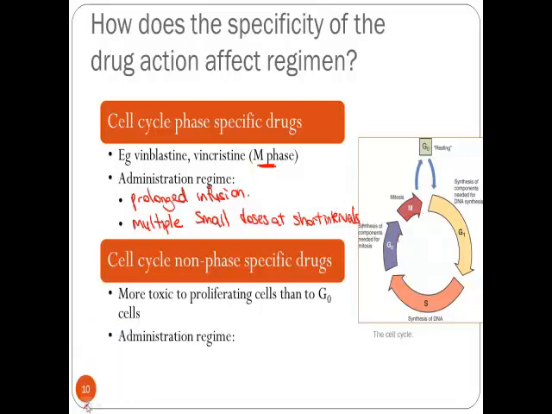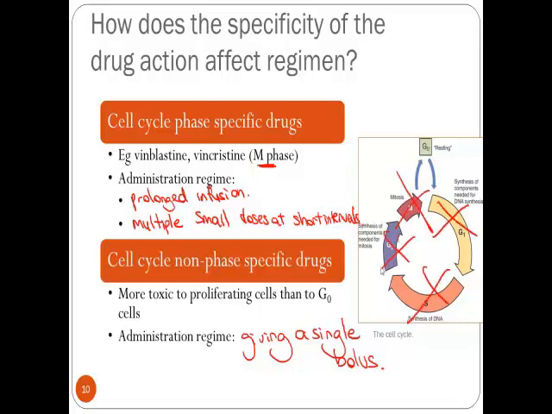And if that's the case, you can get away with just giving a single bolus, right? A single dose. So with the non-phase specific drugs, you give it once, it affects cells that are in the M phase, G1 phase, S phase, and G2 phase. Okay, so that wipes it all out at the same time.